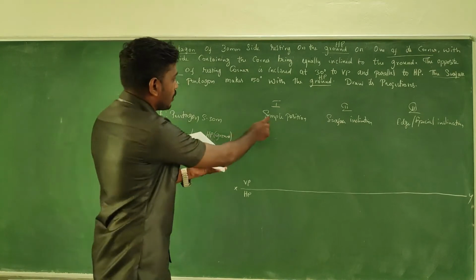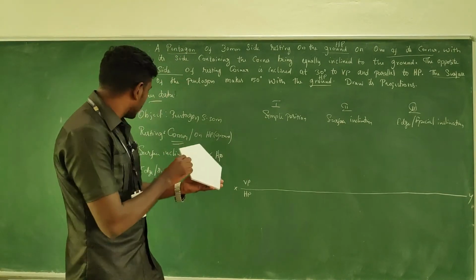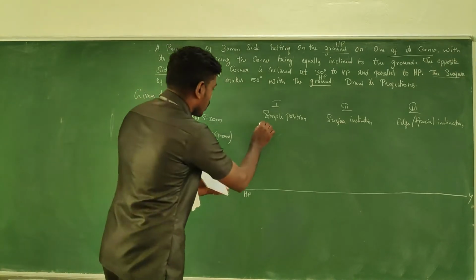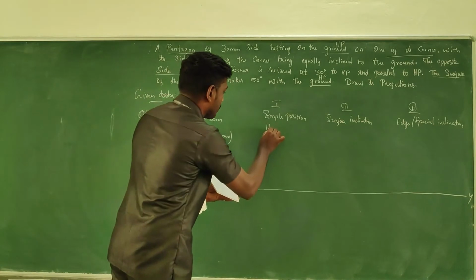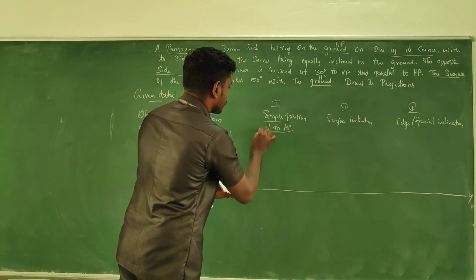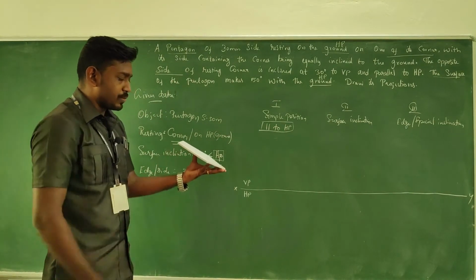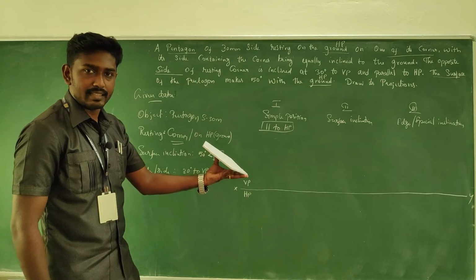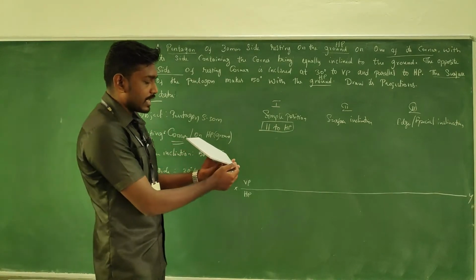So what we do is we take the assumption in the simple position, based on the surface inclination. Since the surface is inclined to HP, we will take the surface parallel to HP, and since the corner is resting, we have to position the corner at the right.